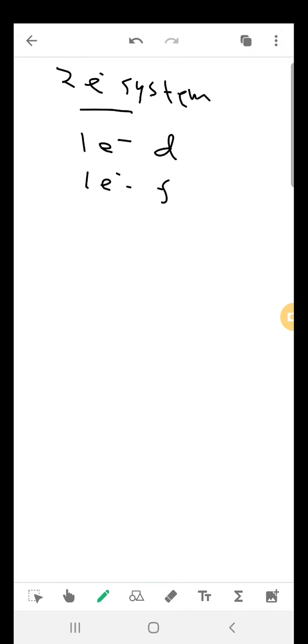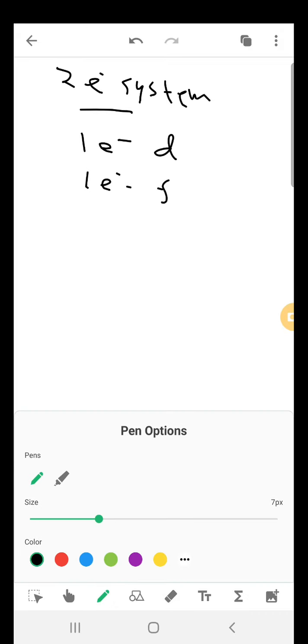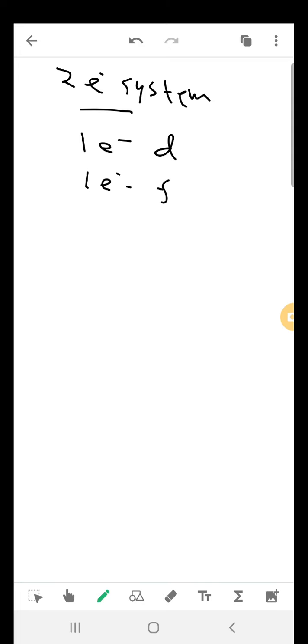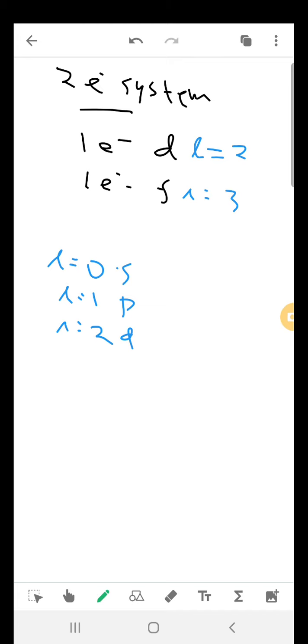So if it's in the D state, this corresponds to L equal to 2, and L equal to 3 for the F state, because as you know, L equal to 0 is for S, L equal to 1 is for P, L equal to 2 is for D, L equal to 3 is for F. That is why we take these values.